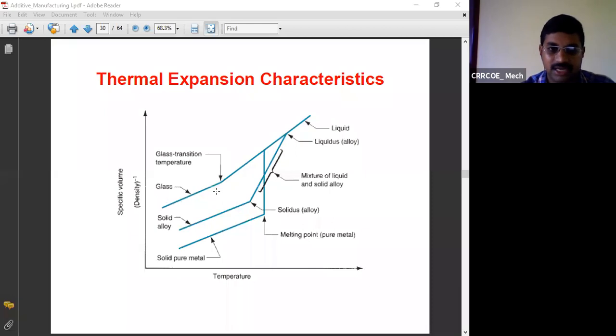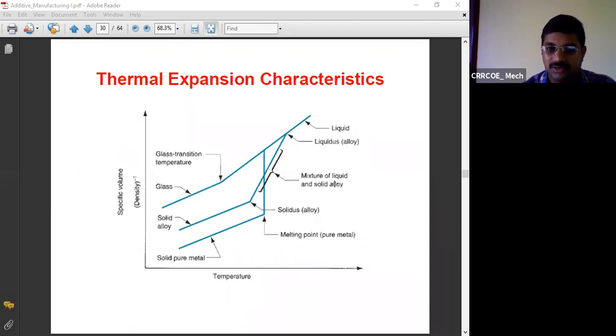See here for glass. Glass is a brittle material with a transition temperature, and here volume per unit temperature, it will take more temperature. Next, solid alloy.